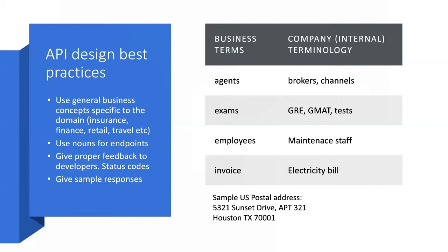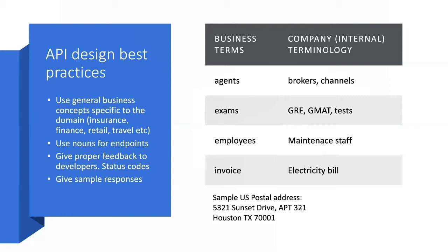For example, in the insurance industry, you have agents, but some companies may choose to call them brokers or channels. The second example I have here is exams.